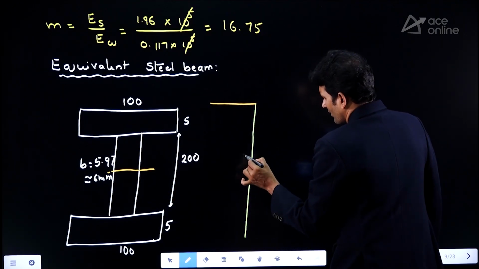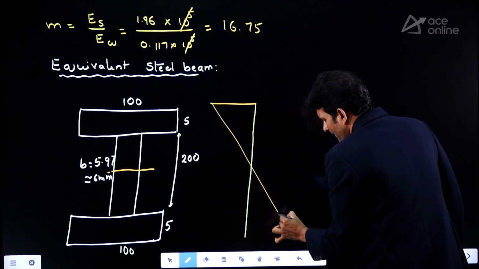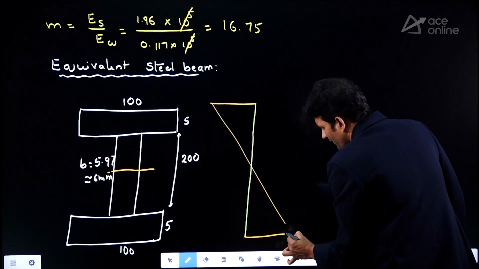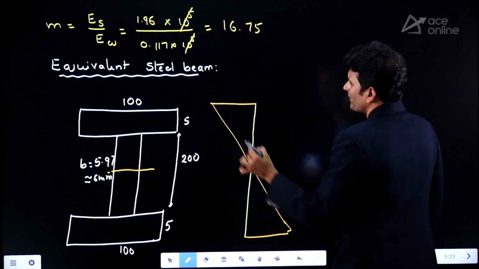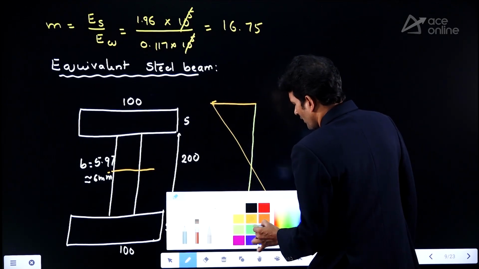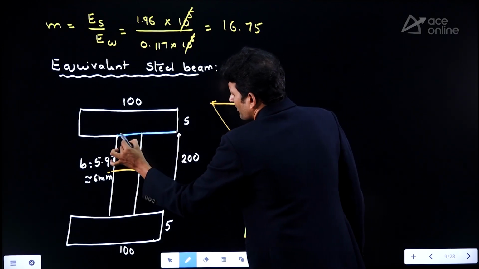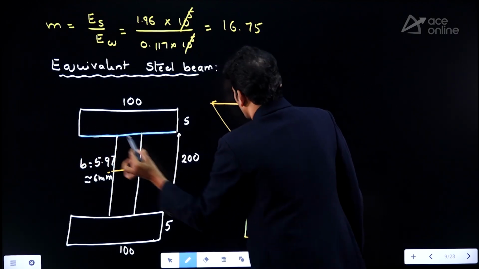Here we are having a neutral axis. Any one side you can consider. If you observe this layer, this is the common layer for both steel and wooden part.